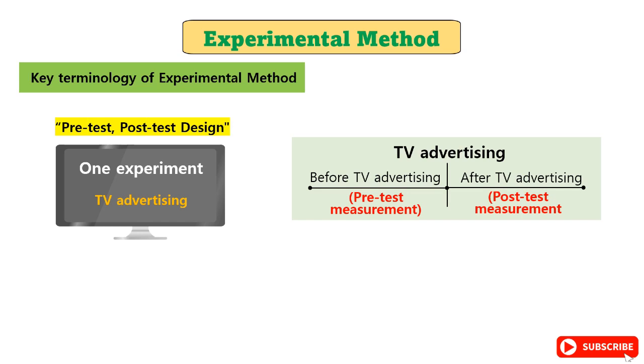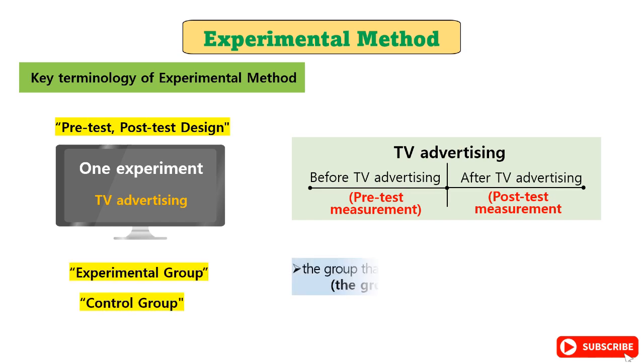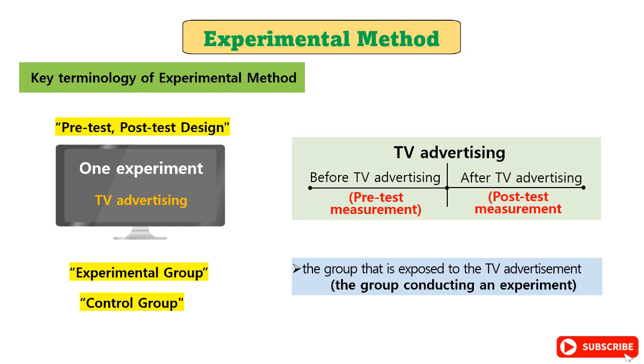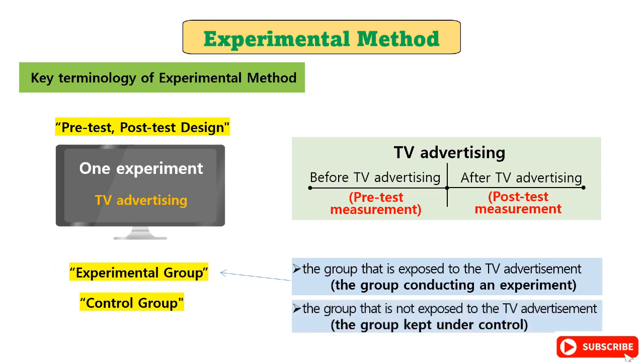This is called post-test measurement. Additionally, there are terms called experimental group and control group. When conducting an experiment like TV advertising, the group that is exposed to the TV advertisement is the experimental group, while the group that is not exposed to the TV advertisement and kept under control is called the control group.